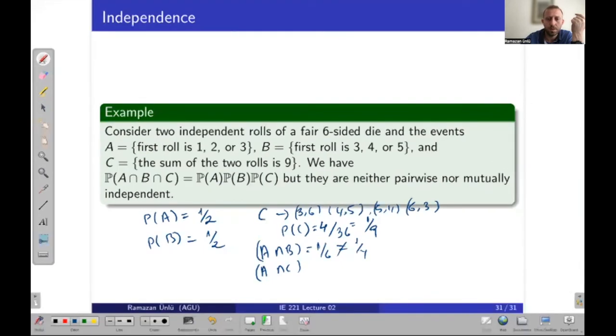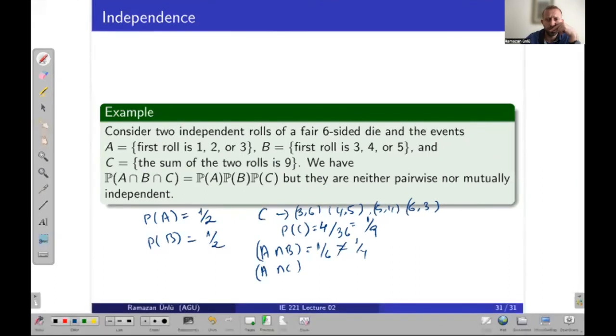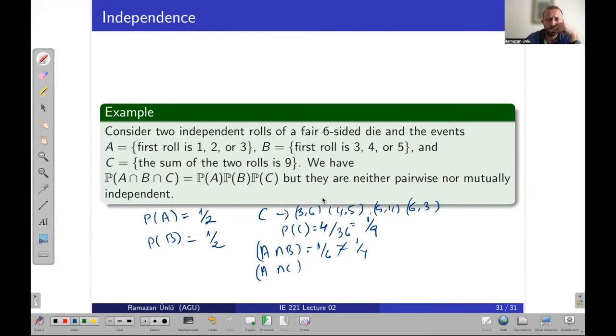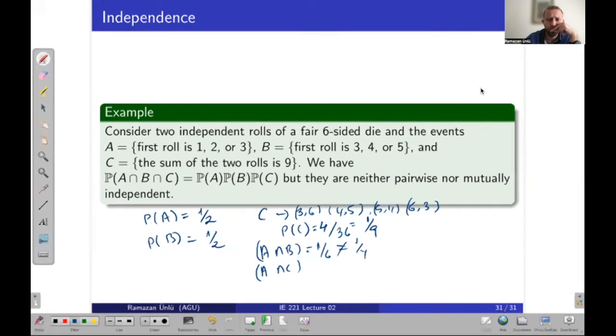And let me double check this one. I think there is a mistake here.